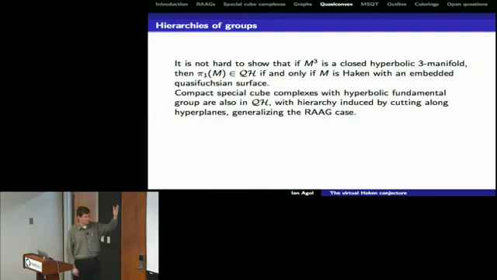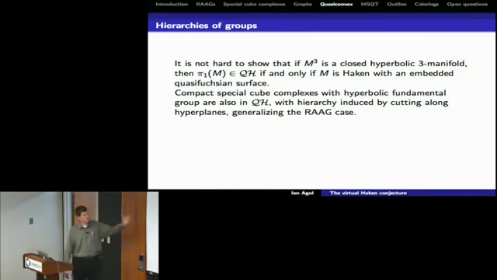And therefore, the hierarchy is obtained just by chopping along one hyperplane at a time until you get down to some contractible pieces. So those are motivating examples of these groups that have a quasi-convex hierarchy. By this I mean the fundamental group of this special cube complex.